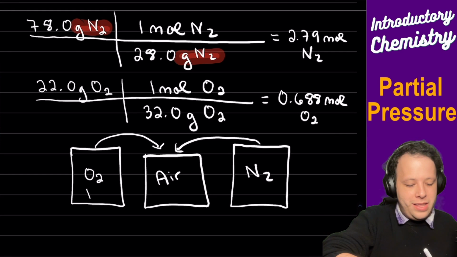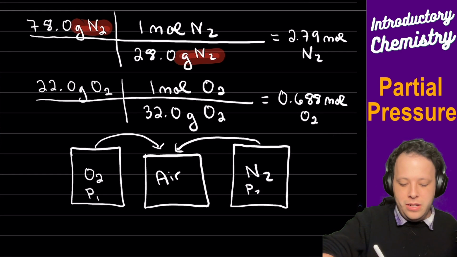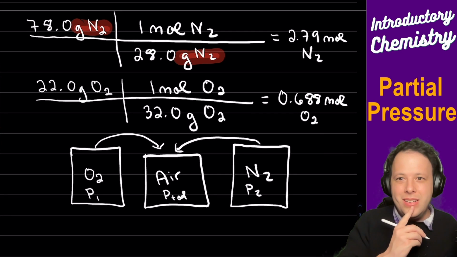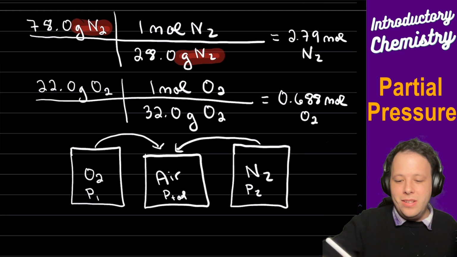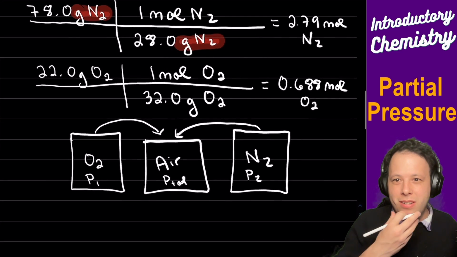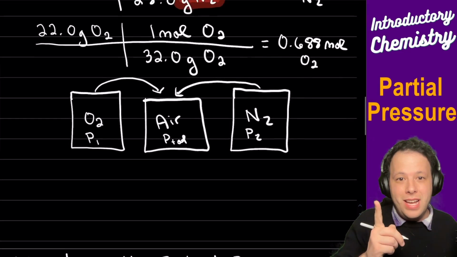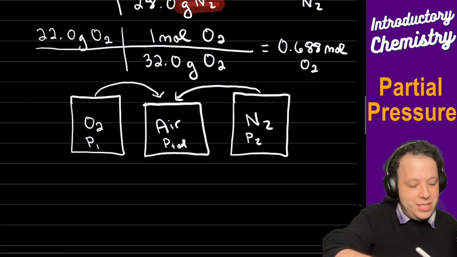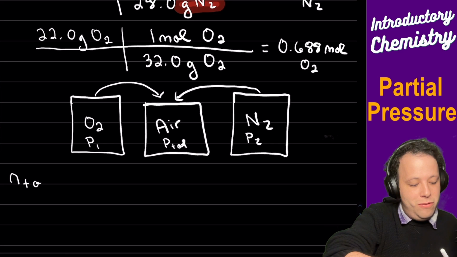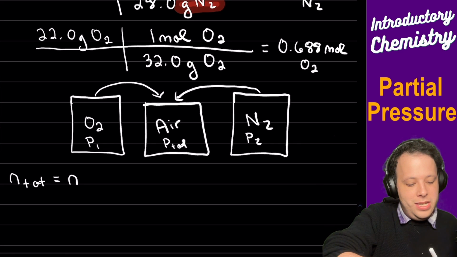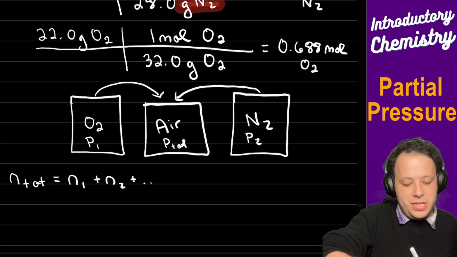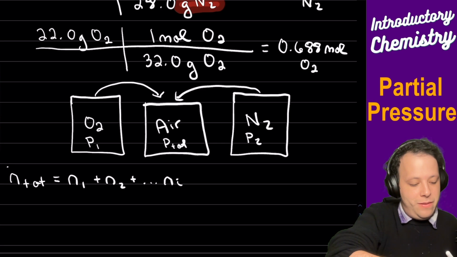Well, if you think of that in terms of pressures, we can simply add them together to get total. But what else does that relate to? Well, that also relates to moles. Oh, that's something that's very powerful. So if that relates to moles, one thing that we can have now is a new formula where the total number of moles is equal to N1 plus N2 plus as many gases as you have.